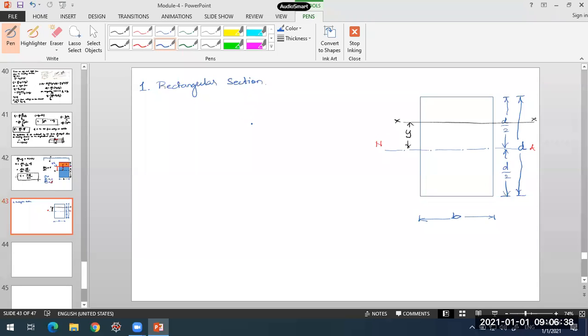Now when we determine shear force, let us say this is having a shear force of F. So let the section be subjected to a shear force F. This shear force value F can be determined by knowing what is the loading on the beam.